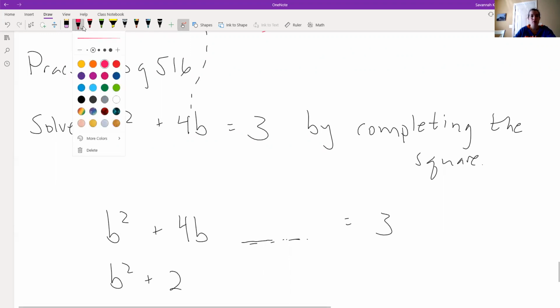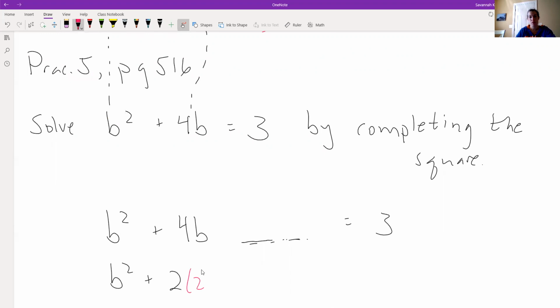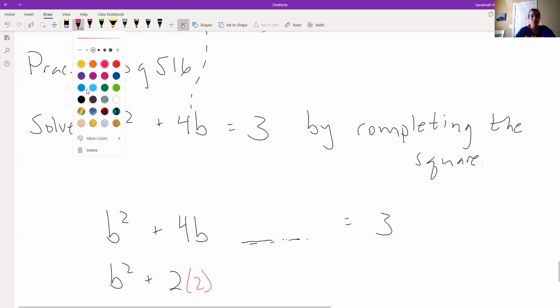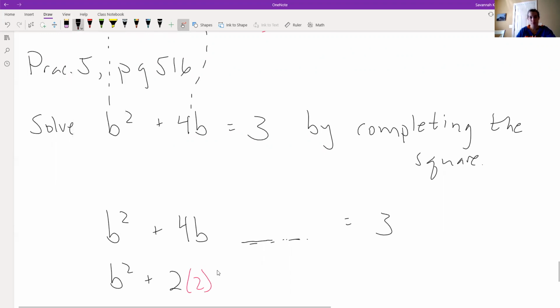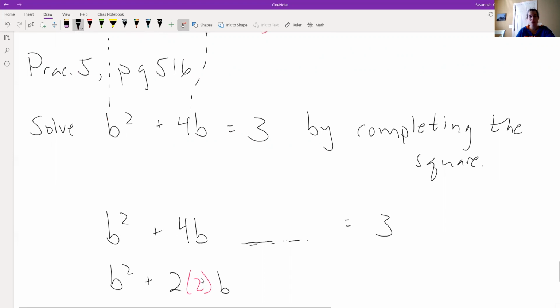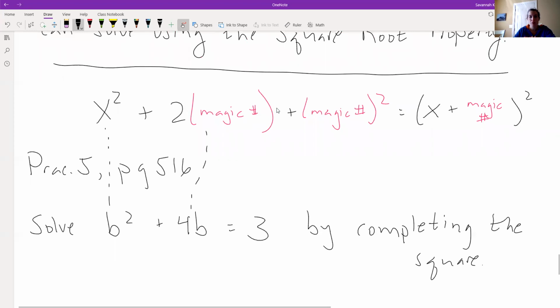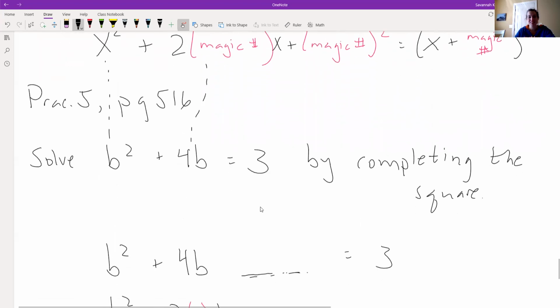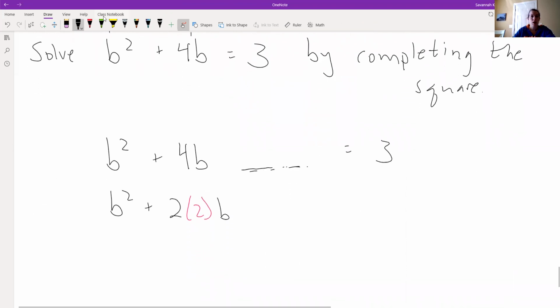So that means I have identified my magic number. So same idea as I had before, it's just spread out a little bit. I'm going to put an x here. I realize I forgot my second x. Okay, so that means I've just identified it. That is my magic number.